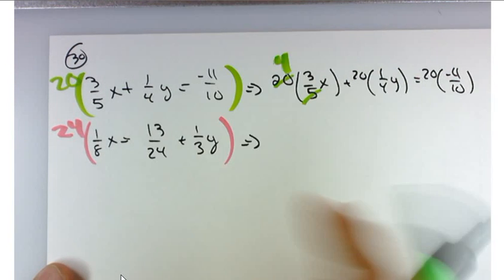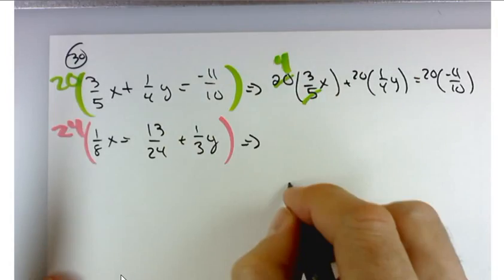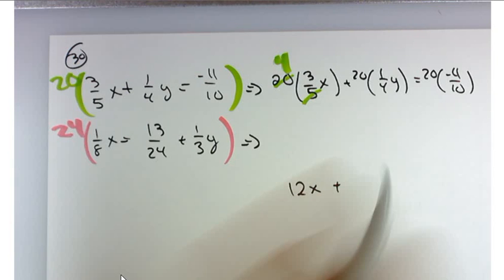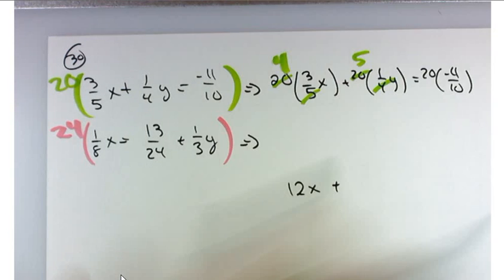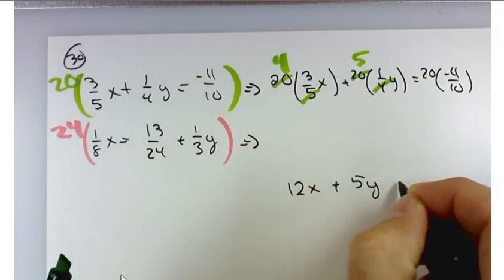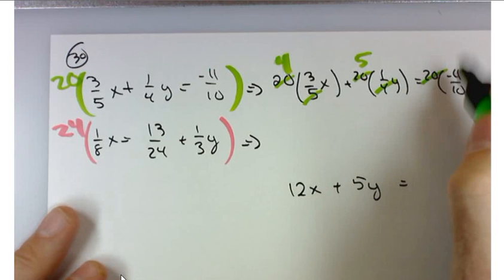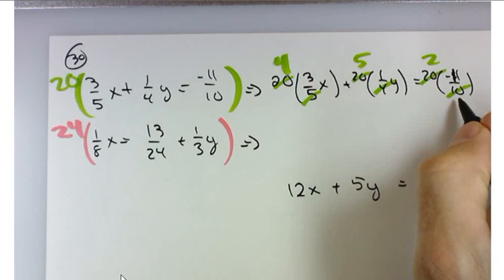So I'll get 12x. 4 goes into 20 5 times. 5 times 1 times y is 5y. 10 goes into 20 2 times. 2 times negative 11 is negative 22.